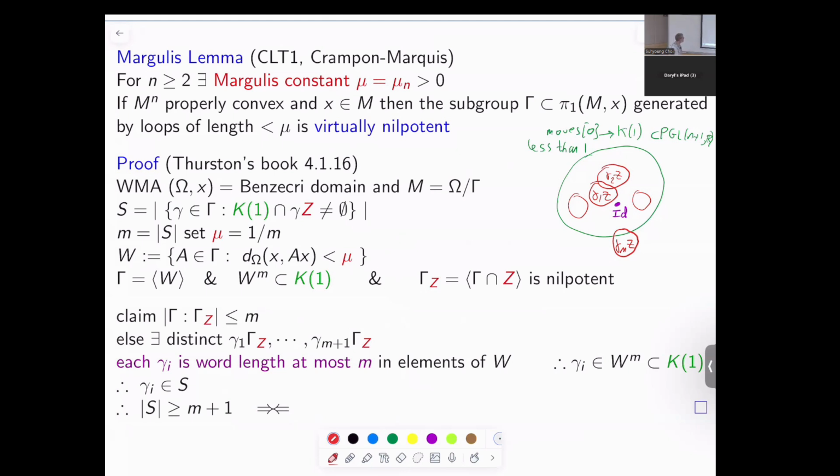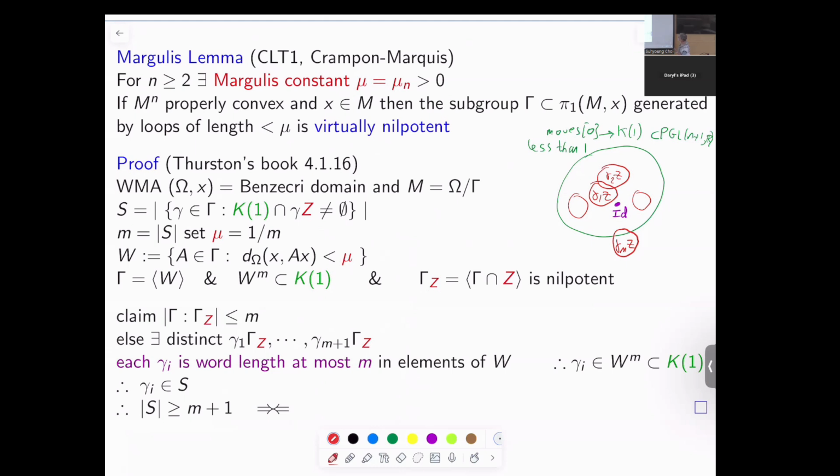So what is the proof? Well, I've got to give you the Margulis constant. How am I going to do that? We've got this neighborhood of the identity in PGL(n+1, R) with the property that you had on the previous slide. This is the group that contains all projective transformations that move the origin in a Benzécri domain a distance at most 1.